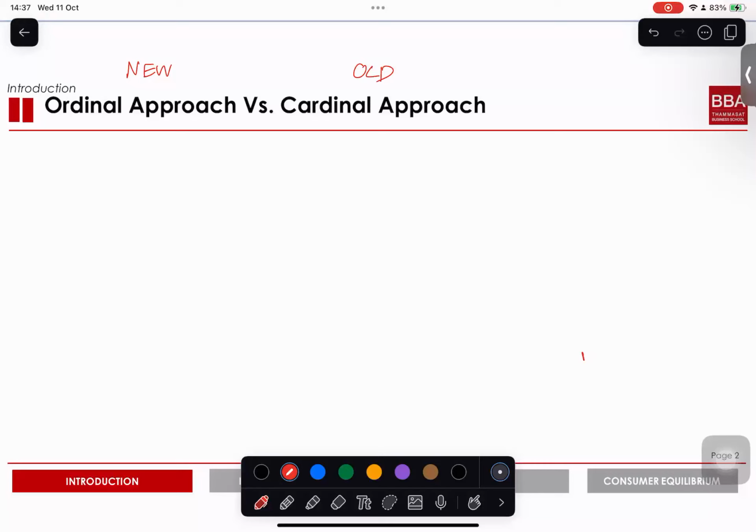The one that we're going to discuss in the class now is a new approach, ordinal approach. Ordinal comes from ordering, make the order, จัดลำดับ, ordinal.